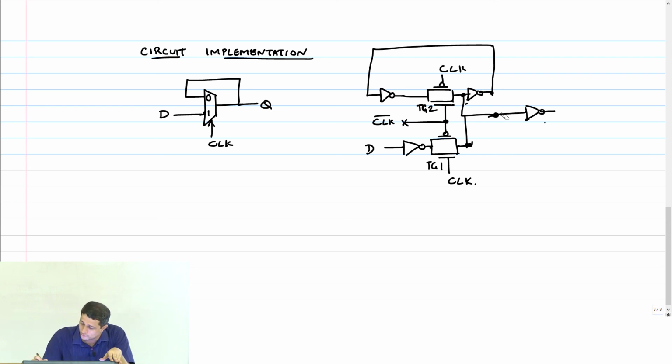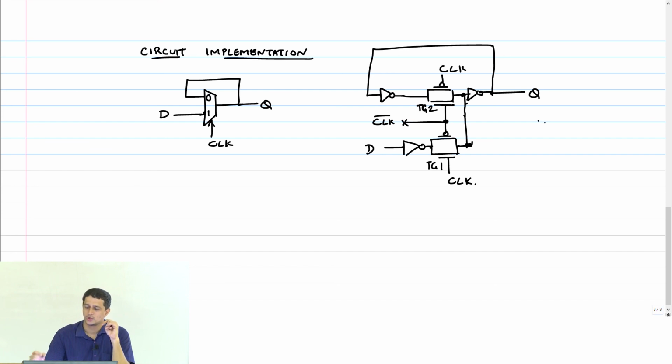So what you can do is, if you want, you can really avoid this and take your output here, or Q as I would call it. Okay, this is a very simple circuit implementation of a positive latch with inverters and transmission gates.